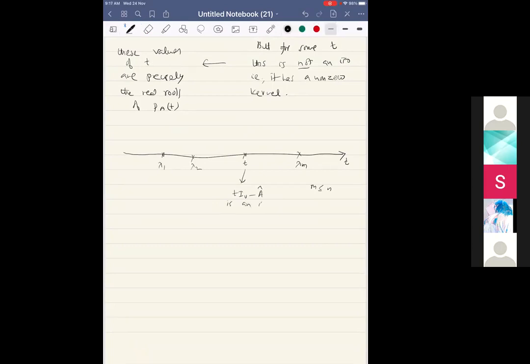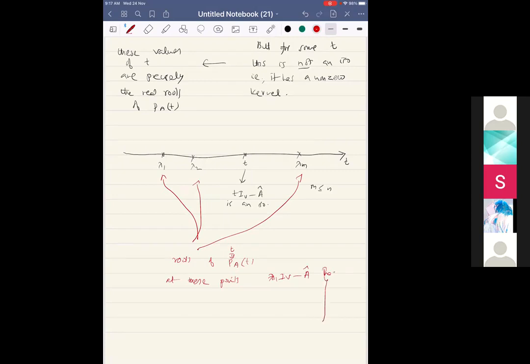And at these points, which are the roots of P_Â(t), lambda 1 I_V minus Â has a kernel, is not an isomorphism.